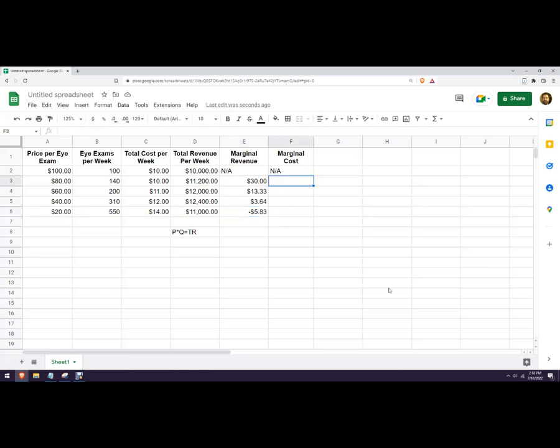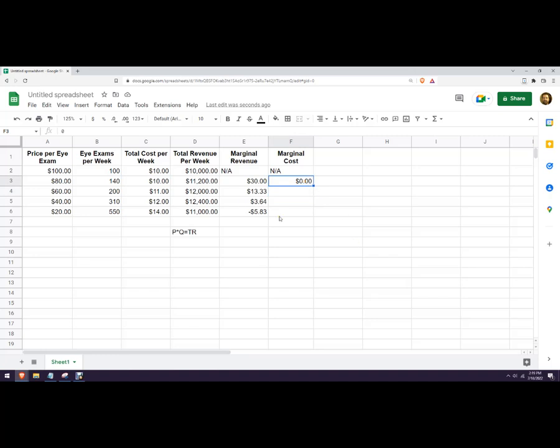All right. Then here, this number is a little tricky because this number is going to be 0, because the difference between here and here is nothing. So we're going to put a 0 there. Marginal cost is the additional cost. Okay, it's going to get cranky.